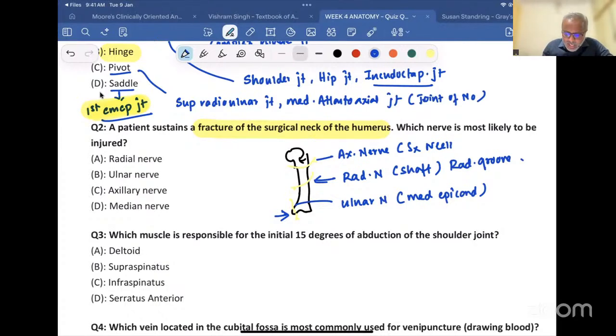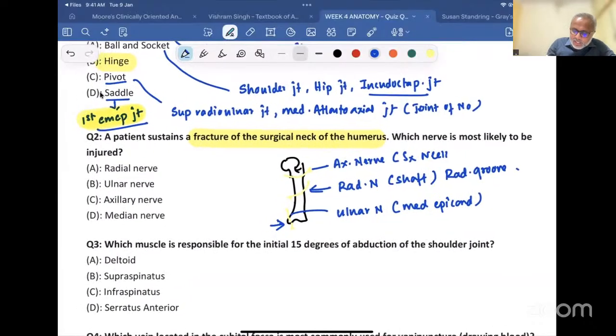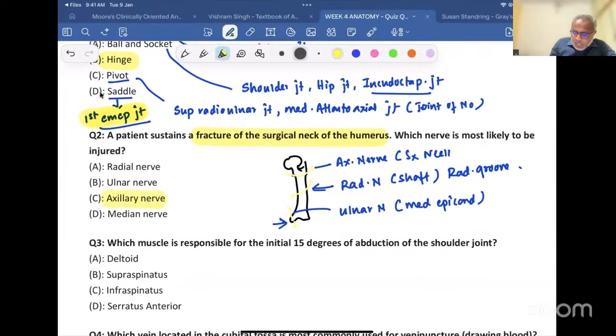And remember, let's mark the answer. The answer is axillary nerve. If axillary nerve is damaged, it can lead to paralysis of deltoid, and it can also lead to a peculiar abnormality where cutaneous sensation is lost. So if we just write down both, one is loss of abduction of arm, right?